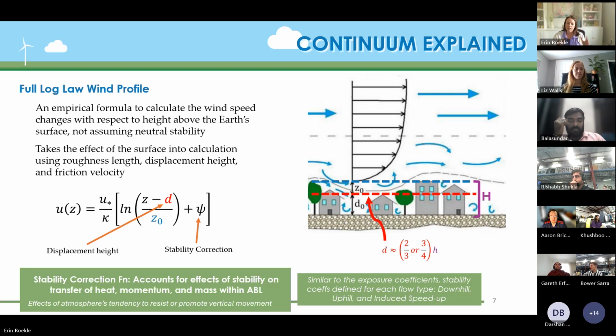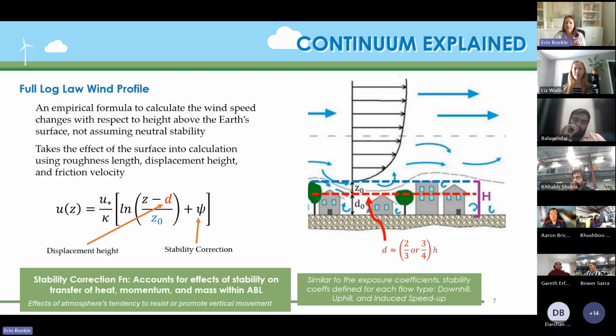So this is the equation fully brought out, and it looks very similar to what it was before. The only thing we've really added is, in the top portion of the natural log, we subtracted out our displacement height to bump up where that starting ground level is. And then we added in psi, which is our stability correction function.